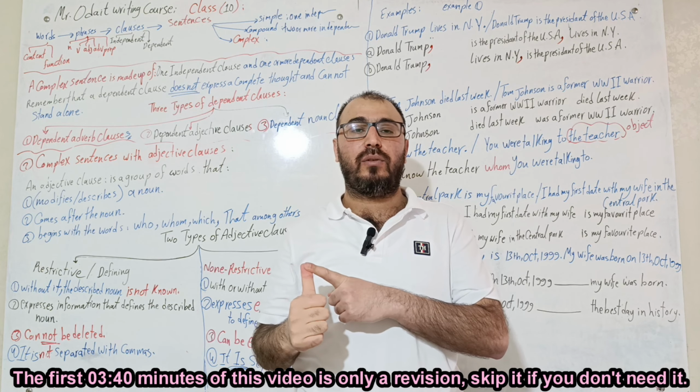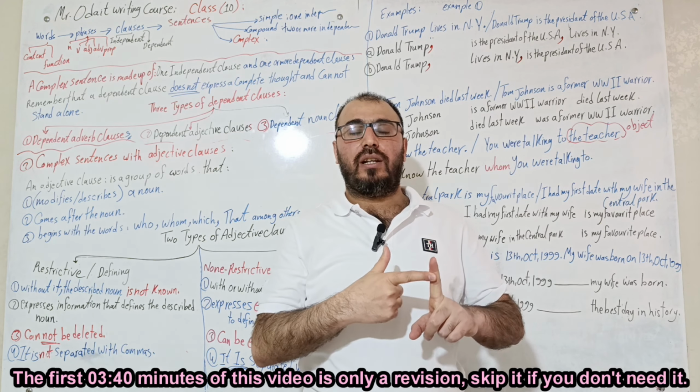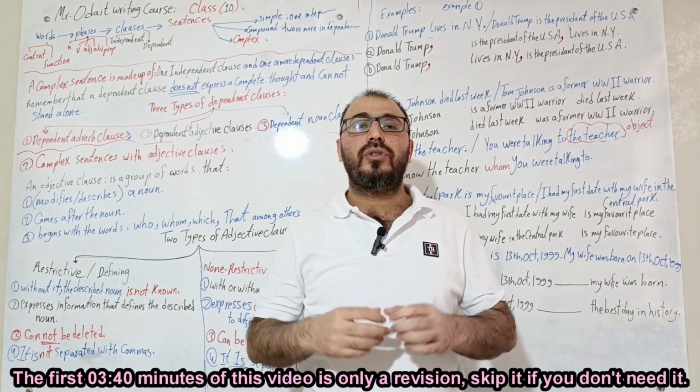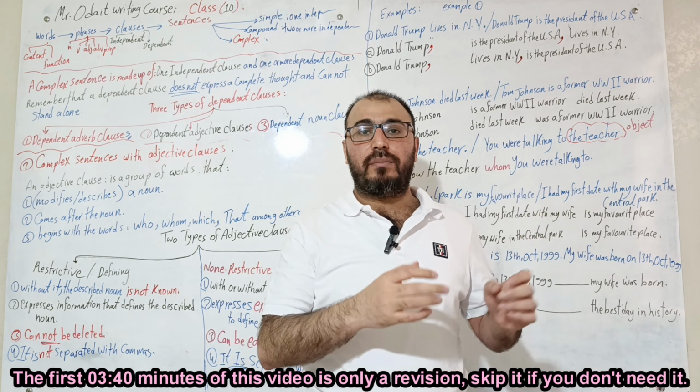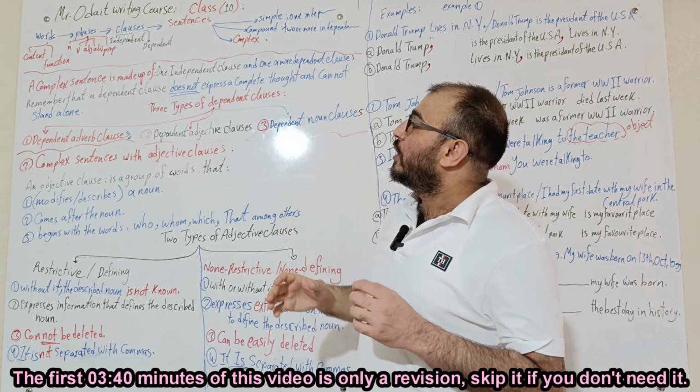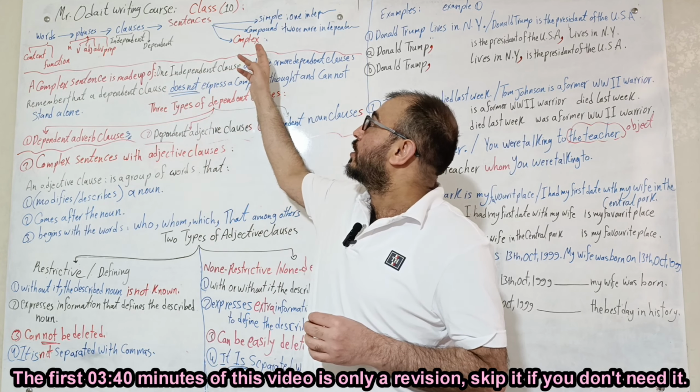The first one is to tell why, the second one to tell when and where, and the third one to give or to introduce contradicting information.